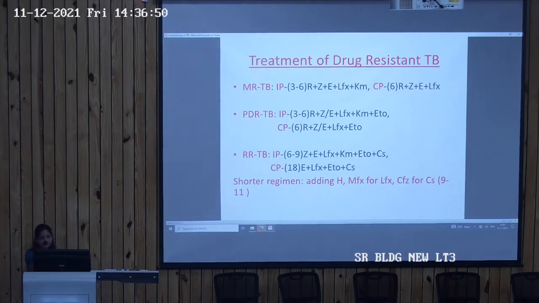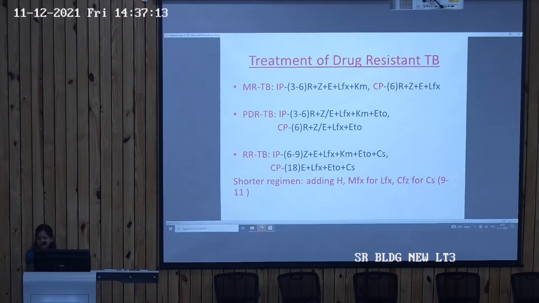Okay, so you can give rifampicin, Z or E जिससे sensitive है, plus levofloxacin, kanamycin and 1 second line drug, that is ethionamide. And again these injectable drugs you can remove, and that is for 6 months.